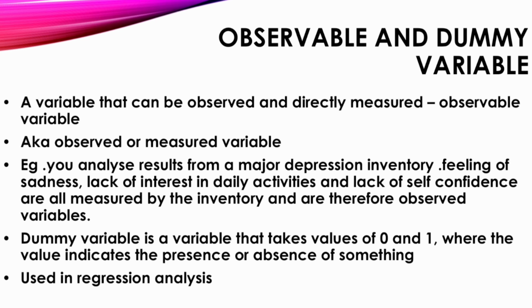For example, you analyze results from a major depression inventory. Feelings of sadness, lack of interest in daily activities, and lack of self-confidence are all measured by the inventory and are therefore observed variables.